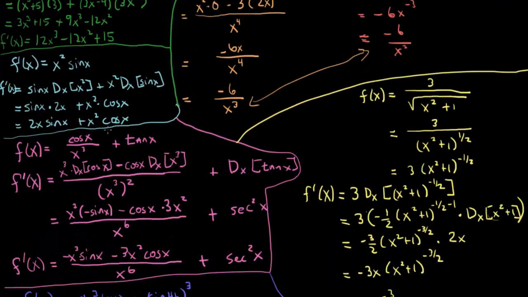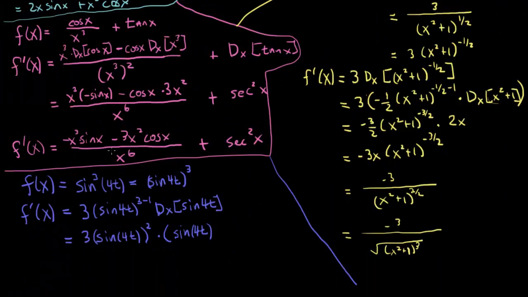So we have to take the derivative. Now, I messed up there. The derivative of sine is cosine. Somebody's probably thinking, what the heck are you doing? It's cosine of 4t times the derivative of the argument. So dx of 4t.